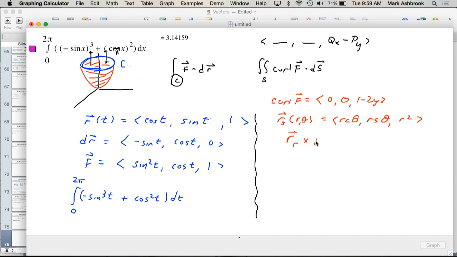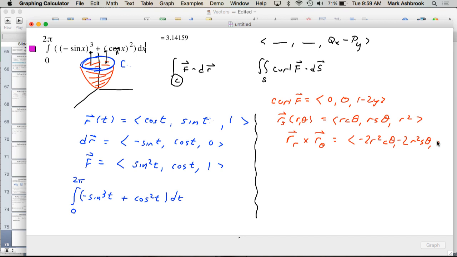So then we have to do r cross r theta. Anybody have that? Negative 2r squared cosine theta? Yes. Negative 2r squared sine theta? Yes.